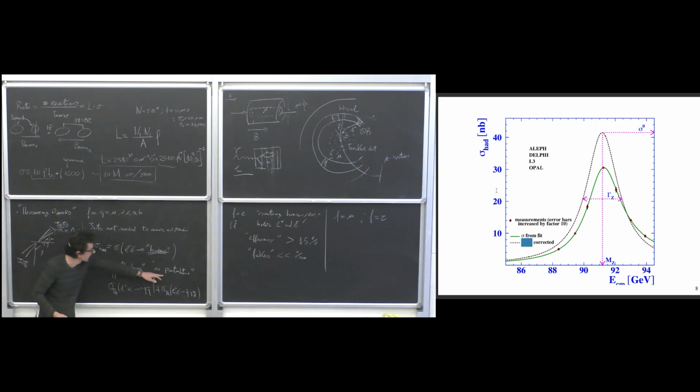All possible final states that contain quarks and gluons should be added in principle to the theoretical prediction, but this one is the one that dominates. That's why it is perturbative. These ones are suppressed by alpha strong with respect to this one, and so what we computed at tree level is a good approximation of the hadronic cross section.